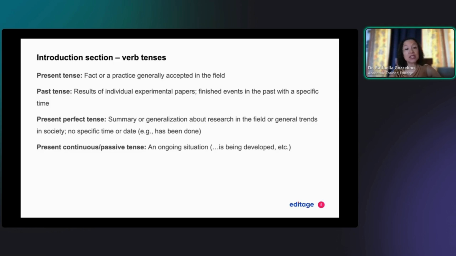And the present continuous or passive tense refers to an ongoing situation, is being developed, for instance. So here in this slide, you have the different tenses that are most commonly found in manuscript writing. And then you can relate the verb tense with the different conditions that have been elucidated in this slide.